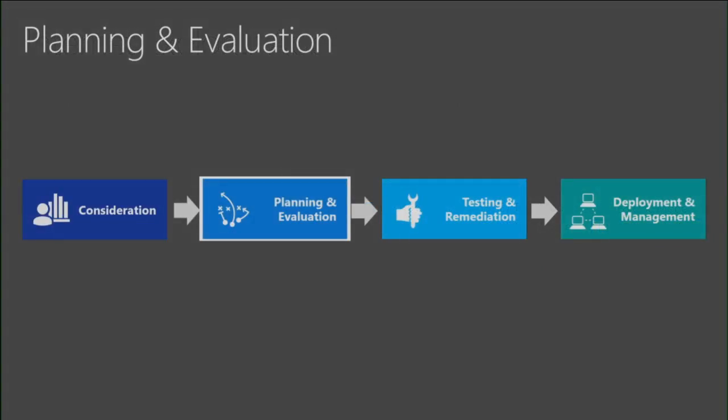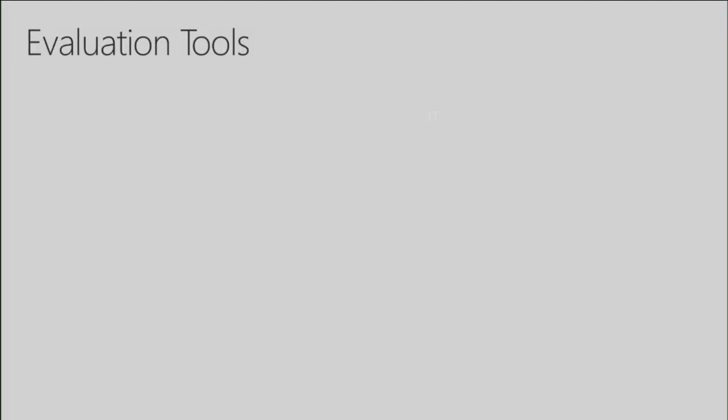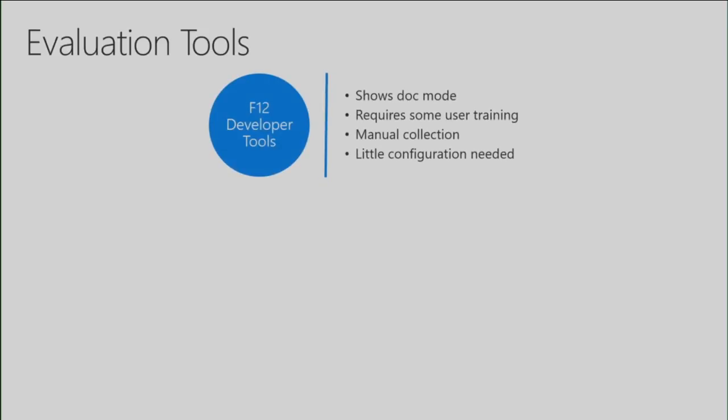Right, let's move on. Planning and evaluation. And look at some evaluation tools. Now, this is almost developer talk. This is where you go into the F12 menu. And I'm going to demo this shortly. Ed's going to look at this with us. This is where we can see what the components of a web page are. Without getting too technical, a web page is full of components.